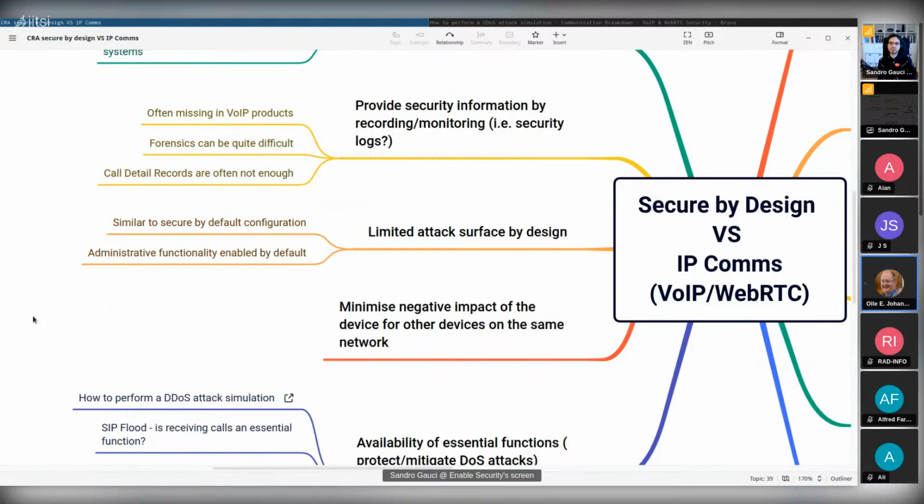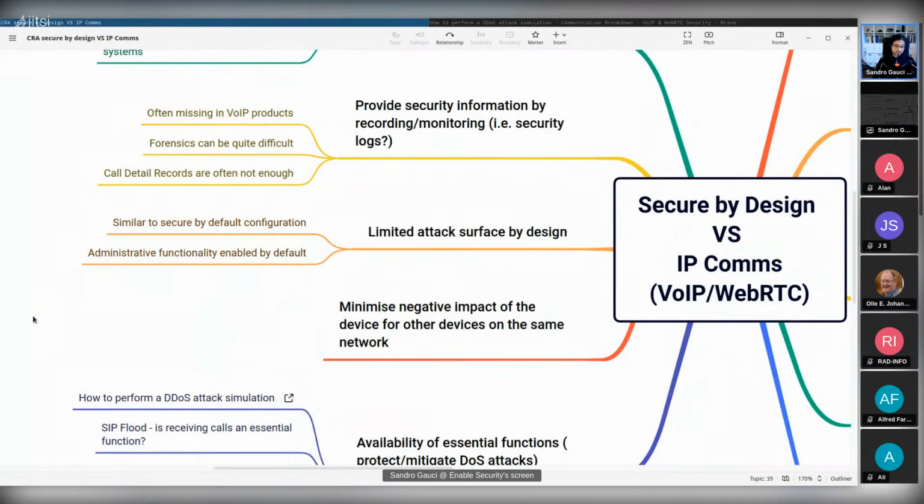No, go on. Okay. Yeah, the most obvious thing that comes to mind is administrative functionality that is enabled by default and maybe not necessary. You might have SSH servers, for example, that ship with the box.